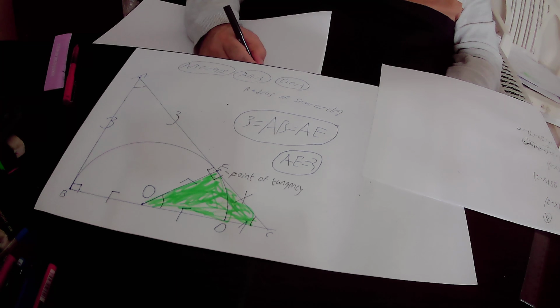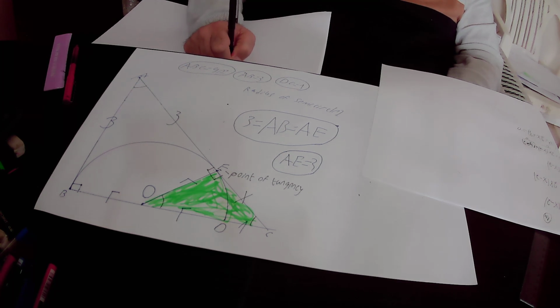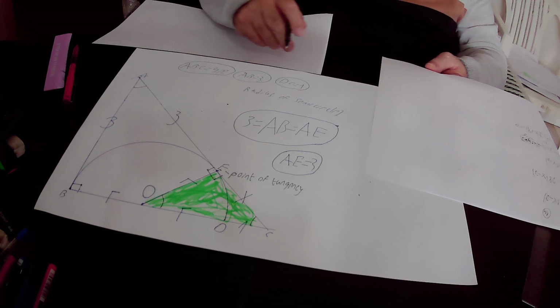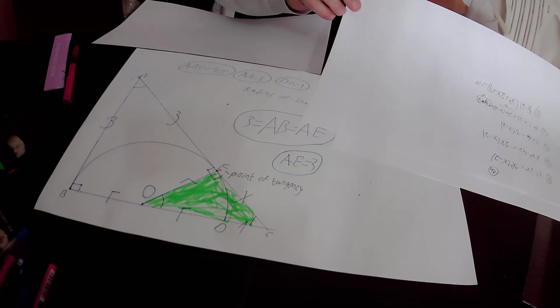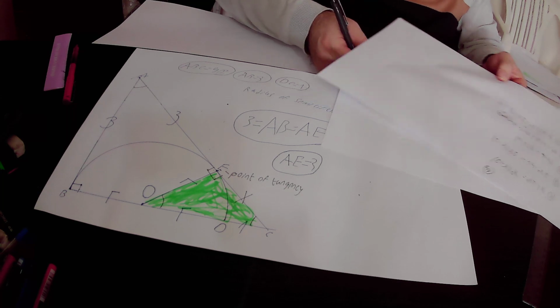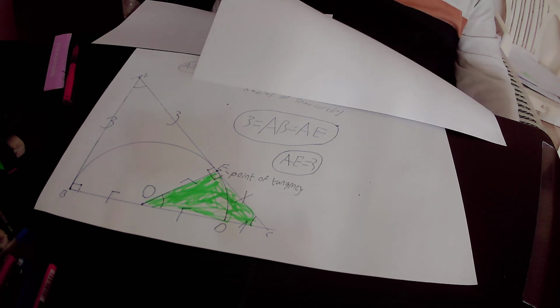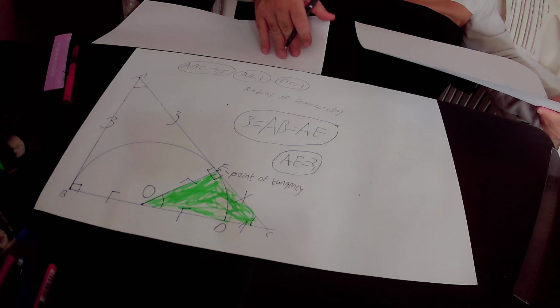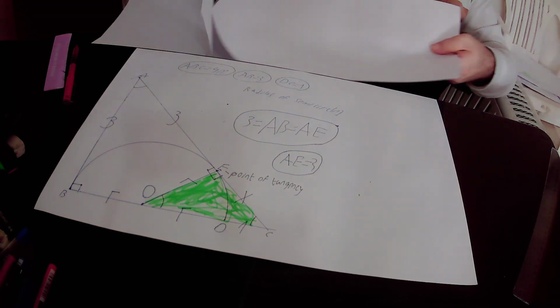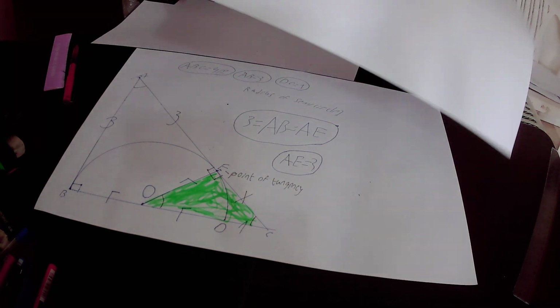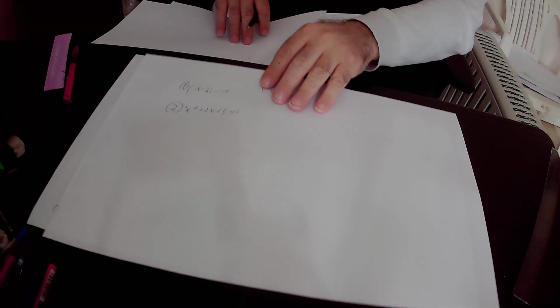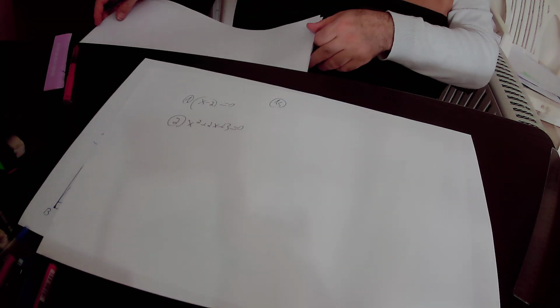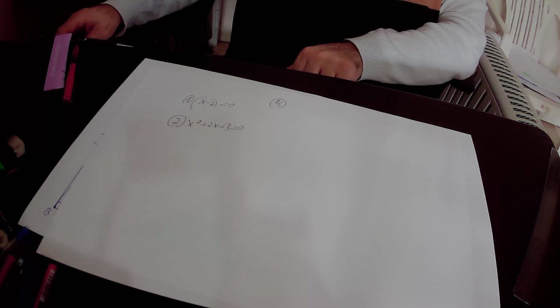And the second solution is that x squared plus 2x plus 3 equals 0. So those are the two solutions that are possible for equation number 1.